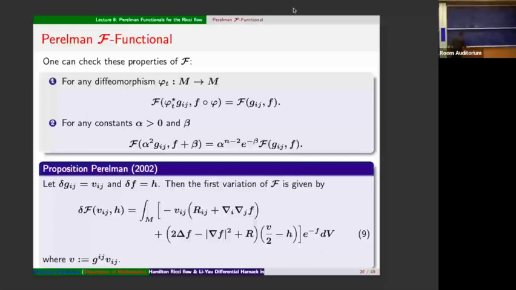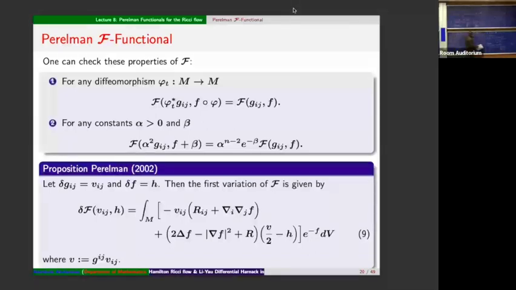This is the phi, F of g. F is given as this. There's something that I didn't really mention here.